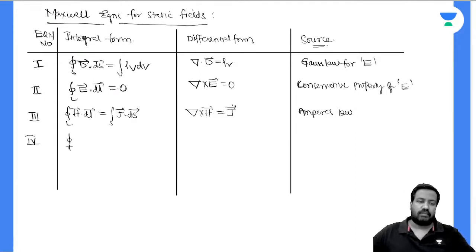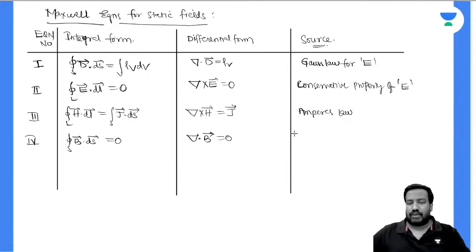Fourth, closed surface integral of B dot dS is 0. Del dot B is 0. B is a divergence-less field or solenoidal field. The source is the non-existence of magnetic monopole.